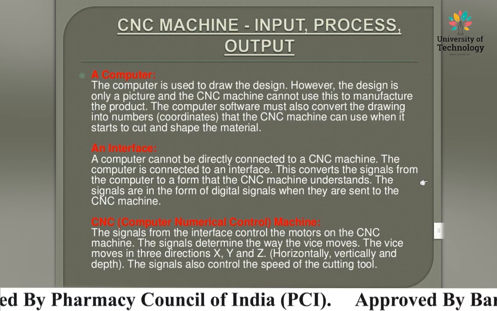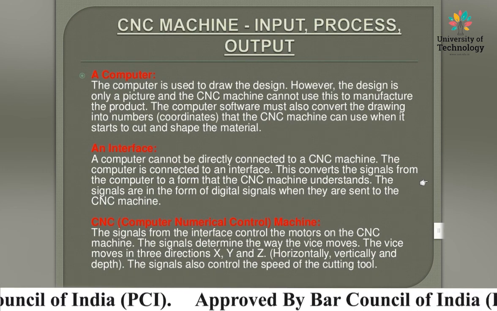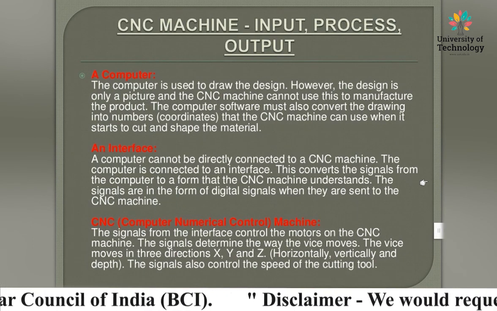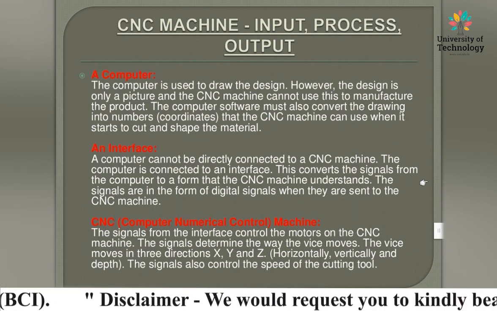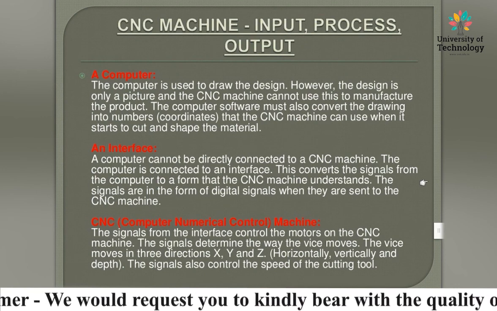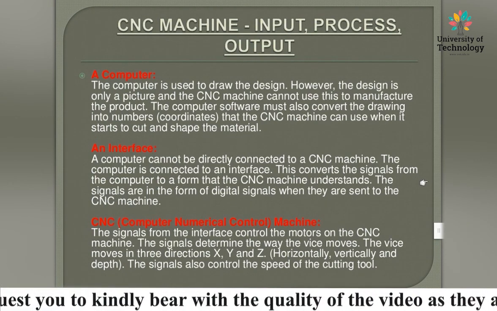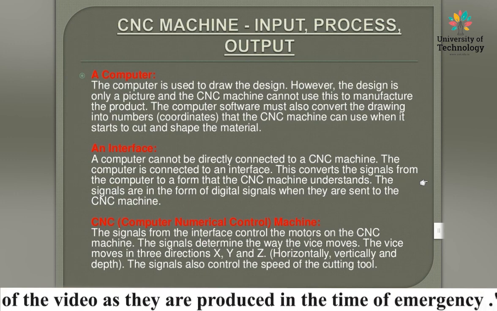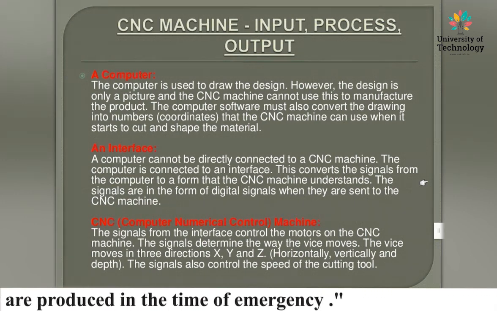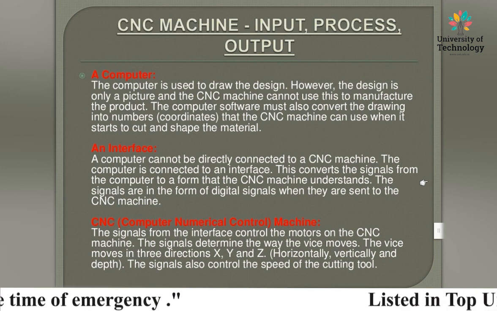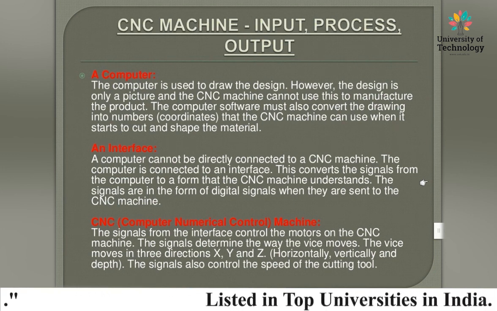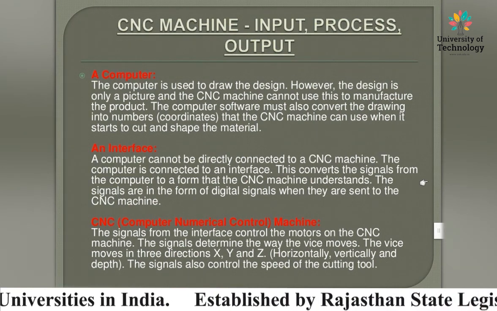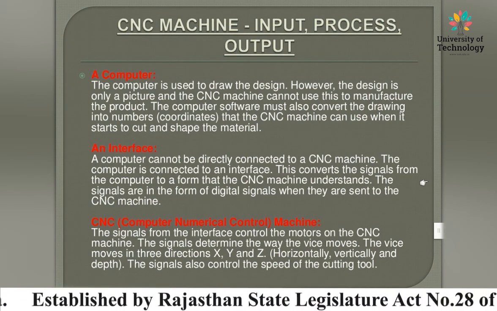An interface: a computer cannot be directly connected to a CNC machine. The computer is connected to an interface. This converts the signals from the computer to a form that the CNC machine understands. The signals are in the form of digital signals when they are sent to the CNC machine by the machine control unit.